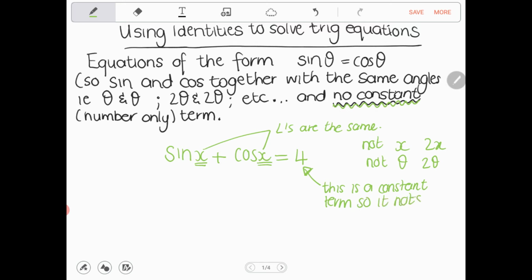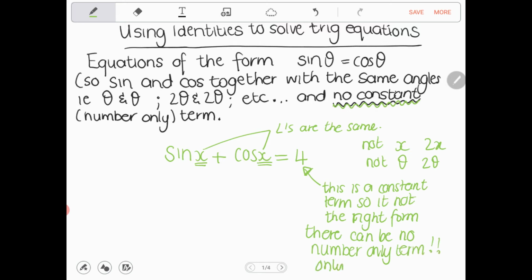So it's not the right form. There can be no number term. Only a 0. You can have a 0 there.